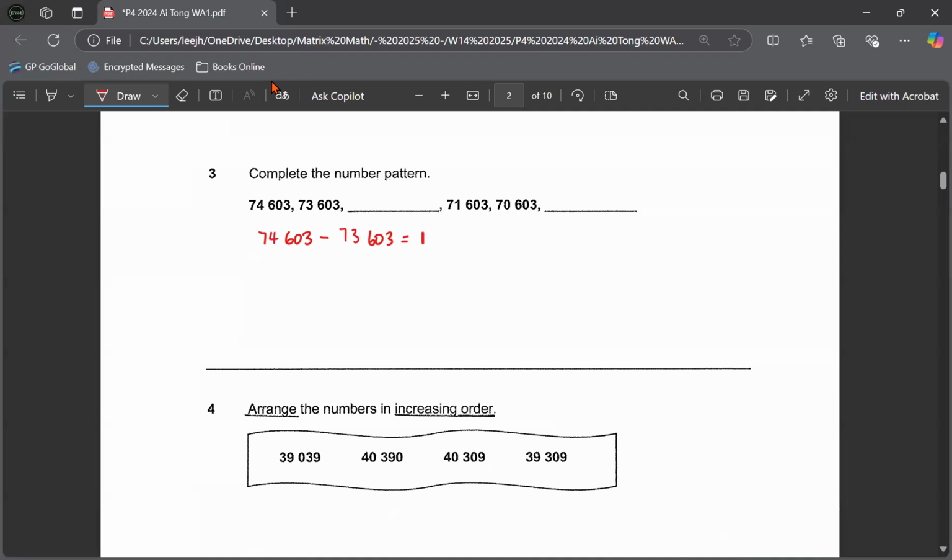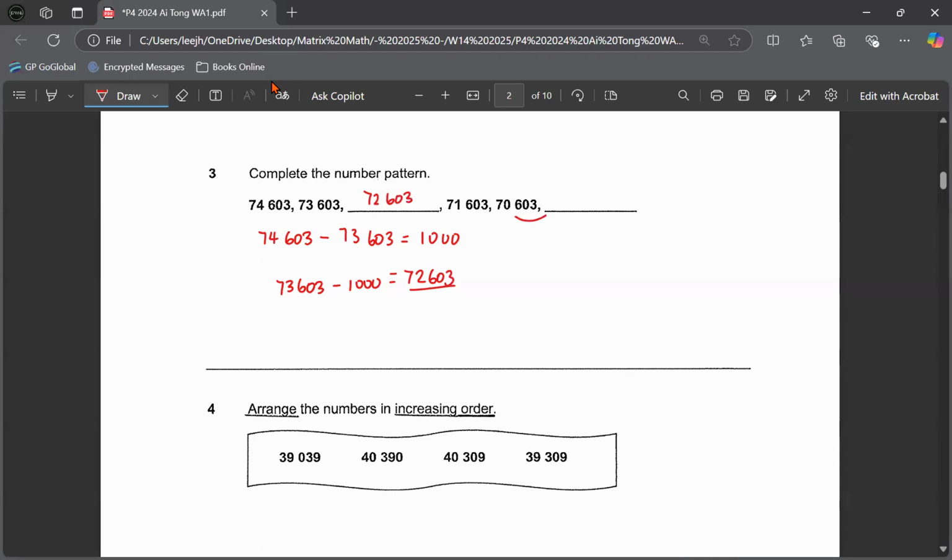So the difference is actually 1,000. So from one number to another is actually a difference of 1,000. So you need to find this number, right? So you take 73,603 minus 1,000. You will get 72,603 for the first answer.